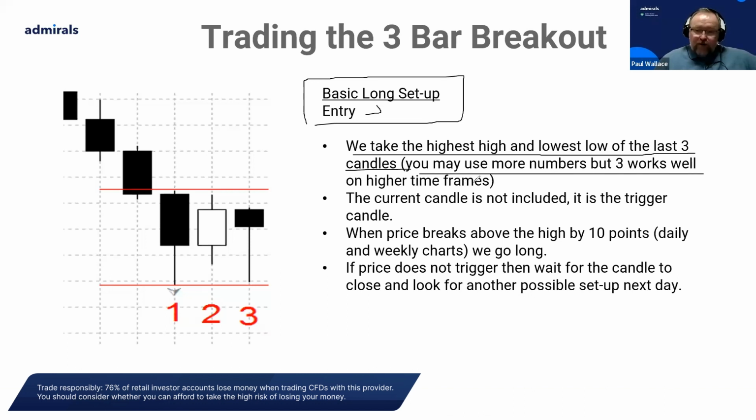If you wish, you could use more than 3, but I find that 3 works perfectly well, especially on higher time frames. So when the candle is closed, if that might be a daily chart, so the end of the day, or the weekly chart, the end of the week, we're looking to count back the 3 candles and identify the range. That's what we're looking to do.